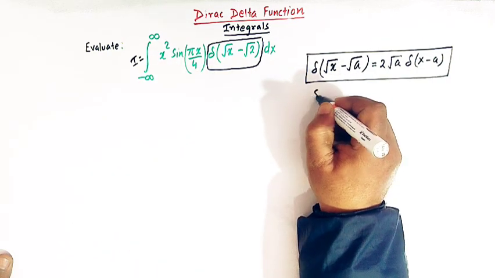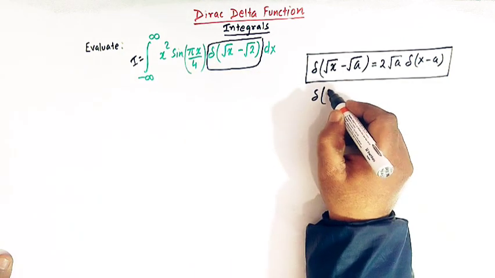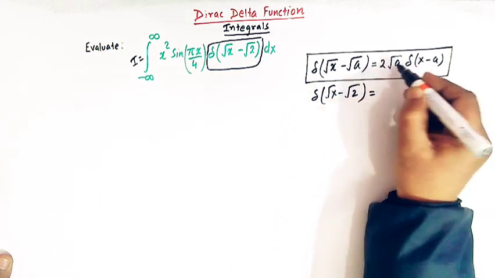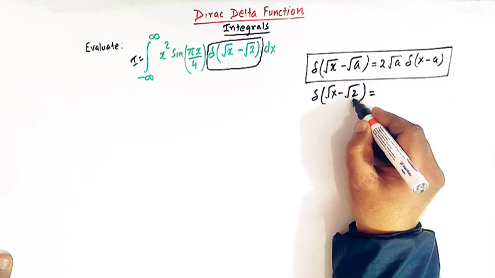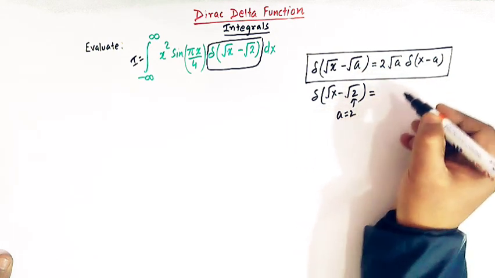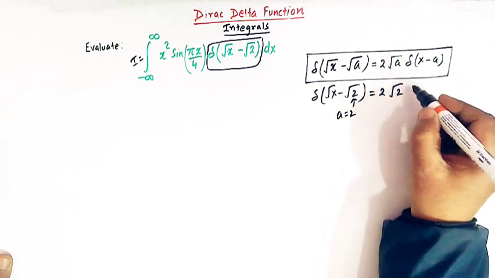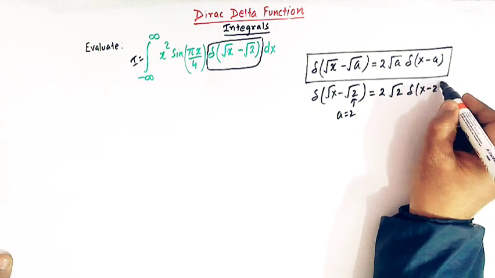So delta of square root of x minus square root of 2 can be written with the help of this property. Our a is 2. So we have 2 times square root of 2, then we have delta of x minus 2.